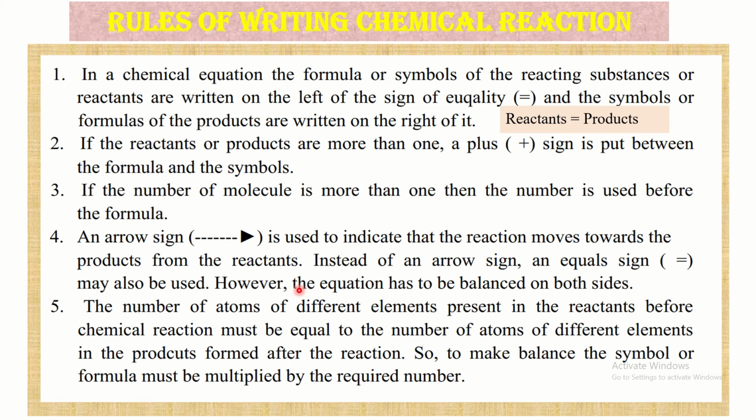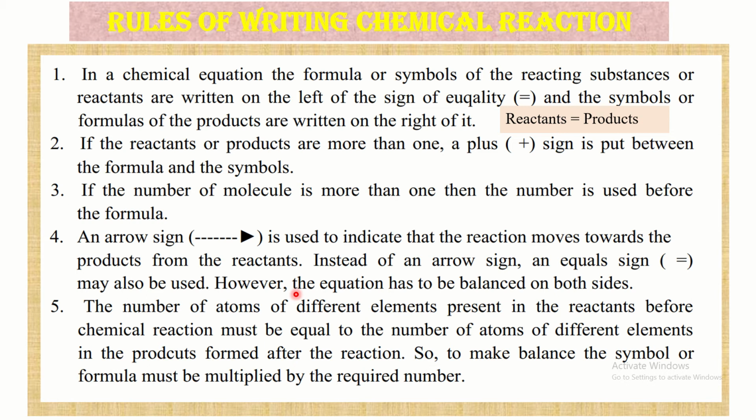But if the reaction is like this, that calcium oxide and carbon dioxide react to produce calcium carbonate, that means you started the reaction by using calcium oxide and carbon dioxide. So here these two are reactants. So calcium oxide and carbon dioxide are placed at the left side of the equal sign, and they produce calcium carbonate. So calcium carbonate is the product here. Calcium carbonate will be placed at the right side. Look, the two reactions are not the same.